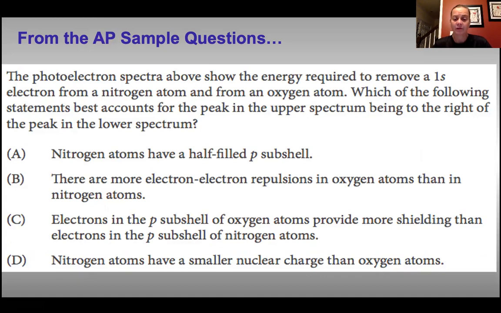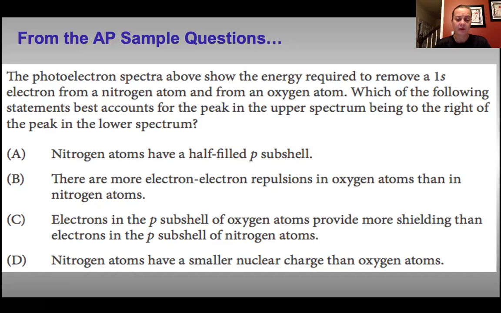Nitrogen atoms have a half-filled p subshell. Well, that's true, but is it relevant? There are more electron-electron repulsions in oxygen atoms than nitrogen atoms. Also true, but that would decrease ionization energy, not increase it. The electrons in the p subshell of oxygen atoms provide more shielding than electrons in the p subshell of nitrogen atoms.